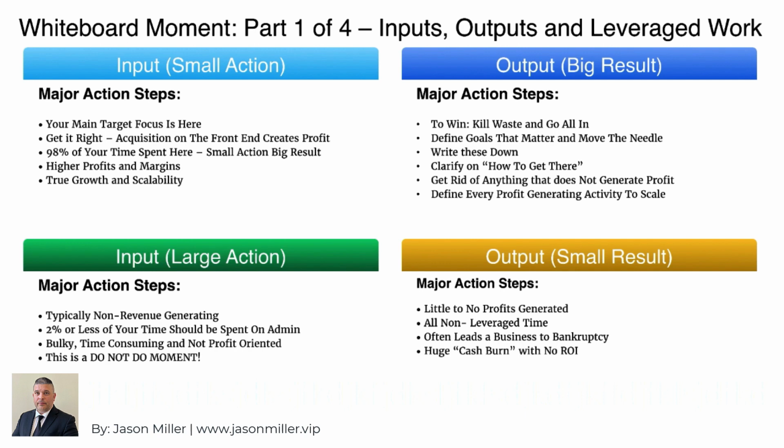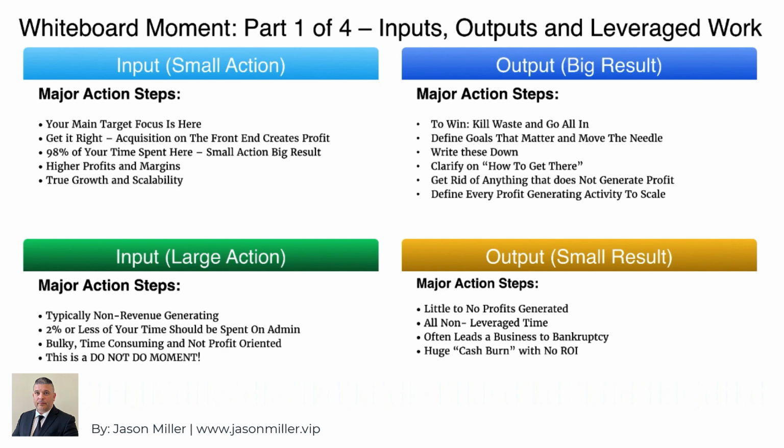Okay. So when we look at the output side of things, this is to win. All right. We kill waste and we just go all in. So we want to define the goals that matter, so we can really move that needle forward. You write these down and clarify how to get there, and anything that's not profit generating goes away. Period.